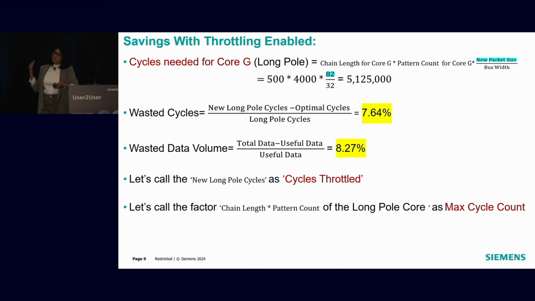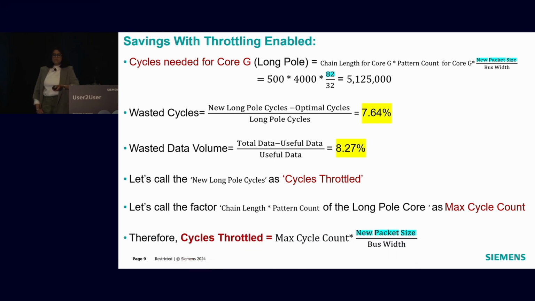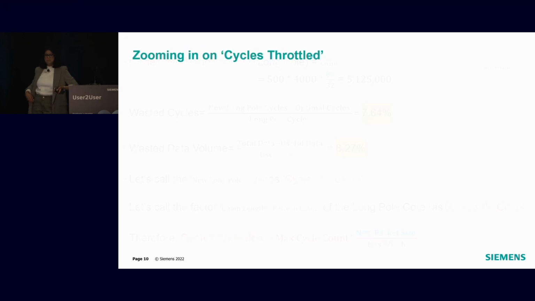Because Core G's max cycle count was its number of patterns 500 by 4000, and that's the max cycle count, right? So now the cycles throttled, if you look at bullet 1 and the last bullet of your slide, really is max cycle count times your new packet size by bus width, correct? We are just giving it a different terminology, the math remains the same.